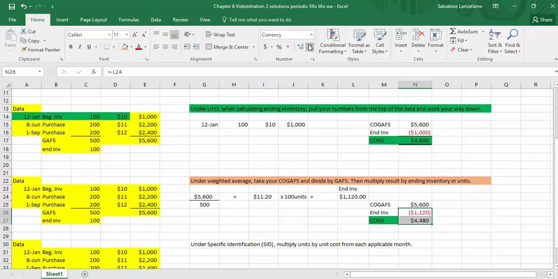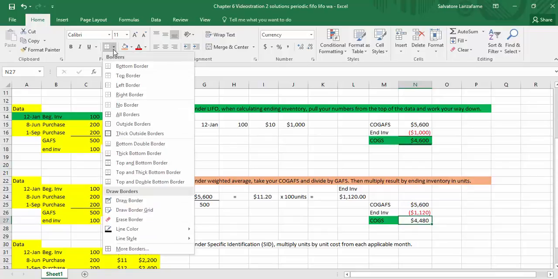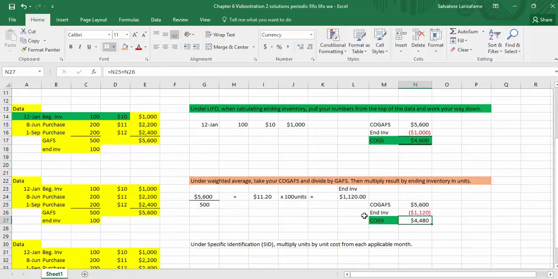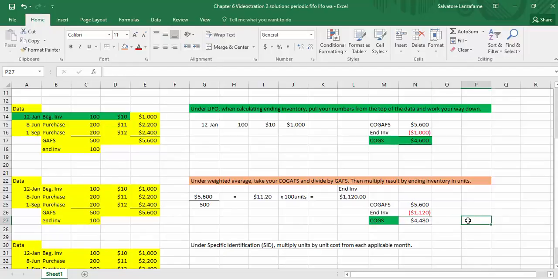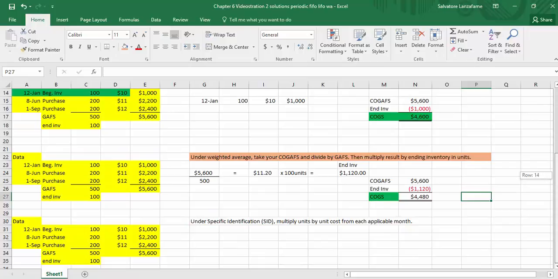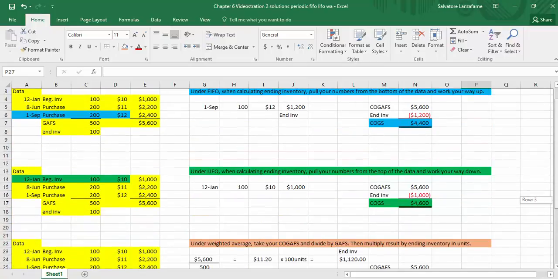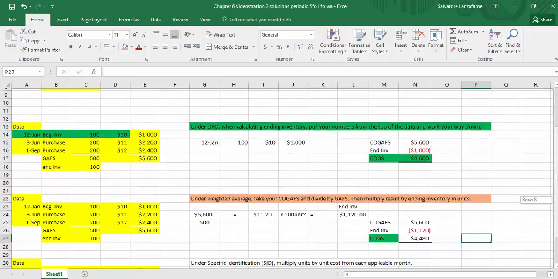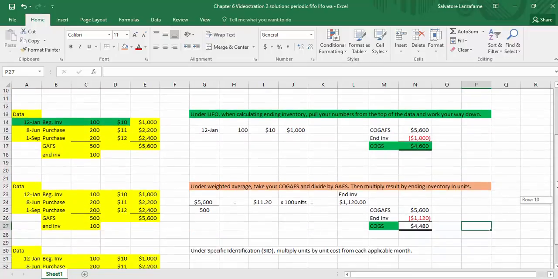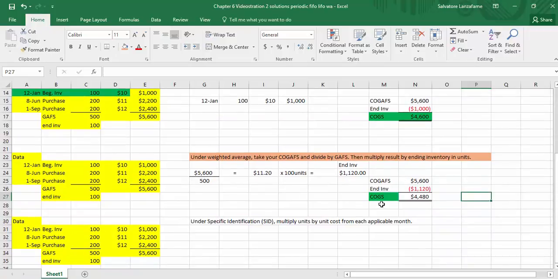So again, this result is somewhere in between your FIFO answer and your LIFO answer. Remember, under FIFO we got 4,400. Under LIFO, we got 4,600.